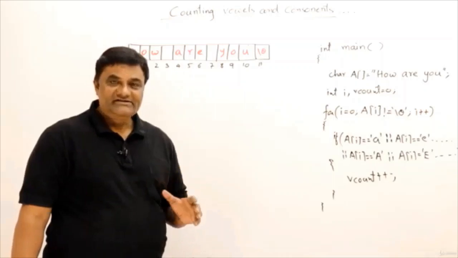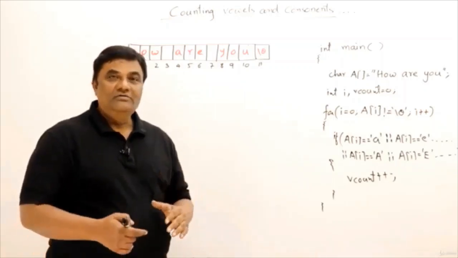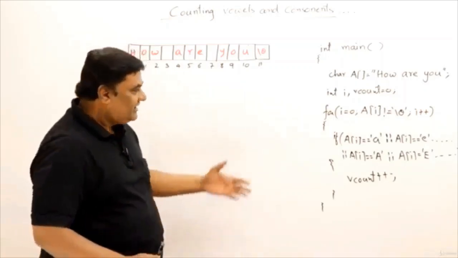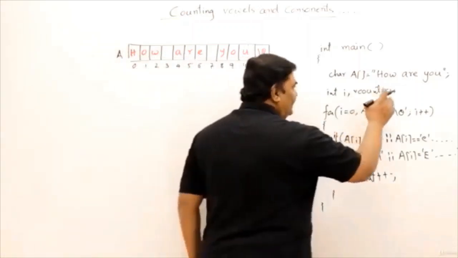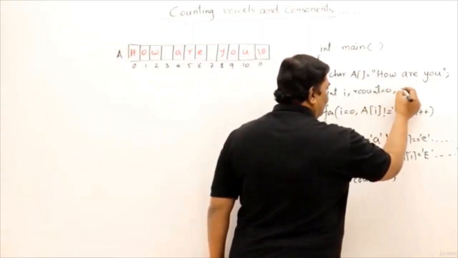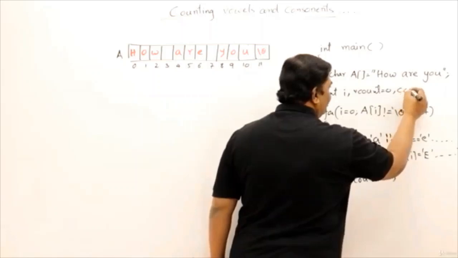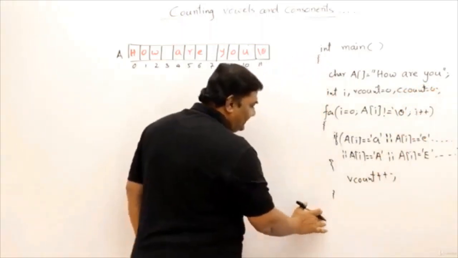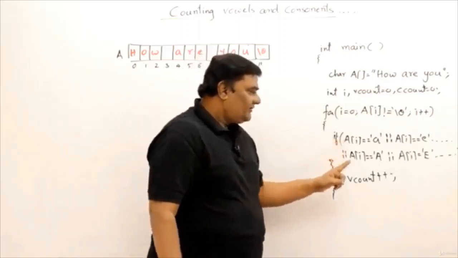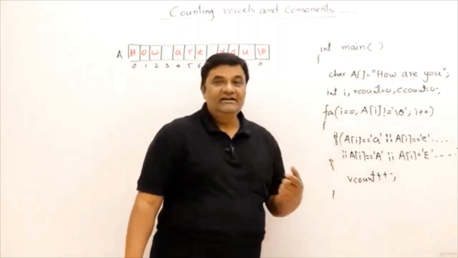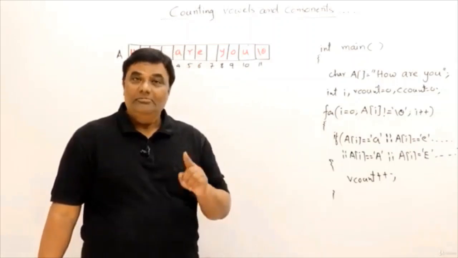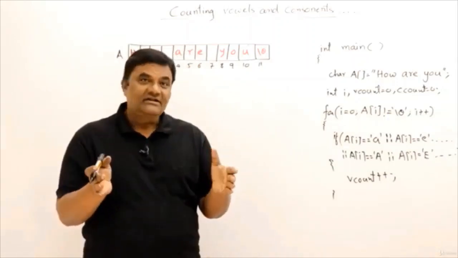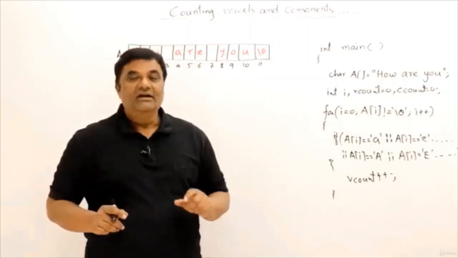This is one thing. Next, suppose I want to count consonants also. Then inside the same program, I can include one more counter, that is for consonants. So C count, that is consonants, I will initialize to 0. Then here, if it is not a vowel, then it may be a consonant, but it must be within the range of alphabets.